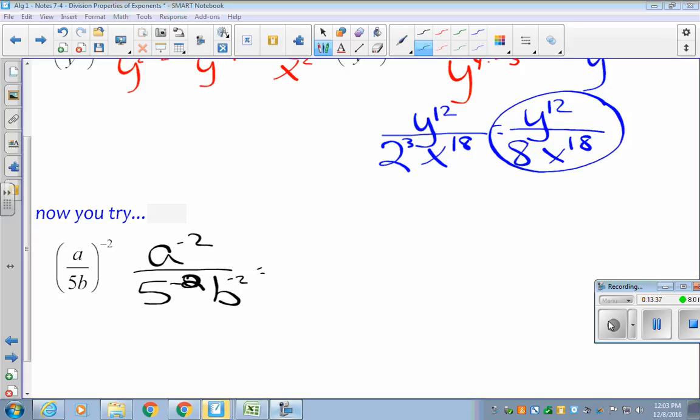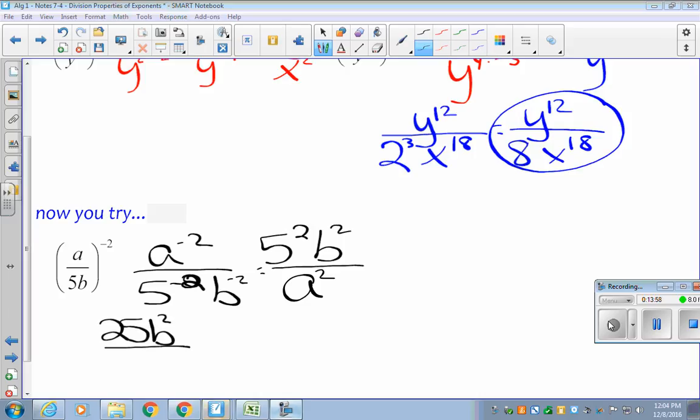I need to move all these, the 5 to the negative 2 and the b to the negative 2, up so I can make it positive. And I need to move the a to the negative 2 down so I can make it positive. Now I just have to do 5 squared. And I get 25b squared over a squared.